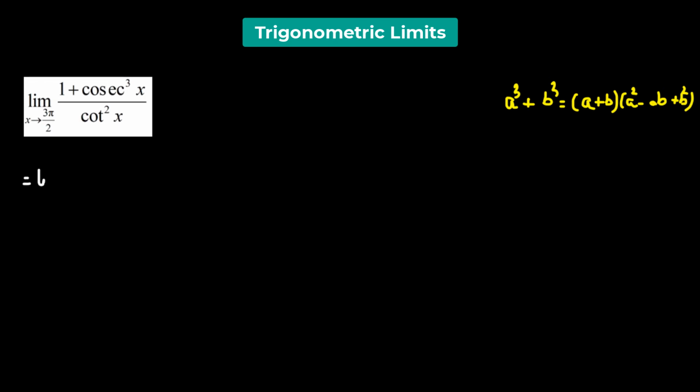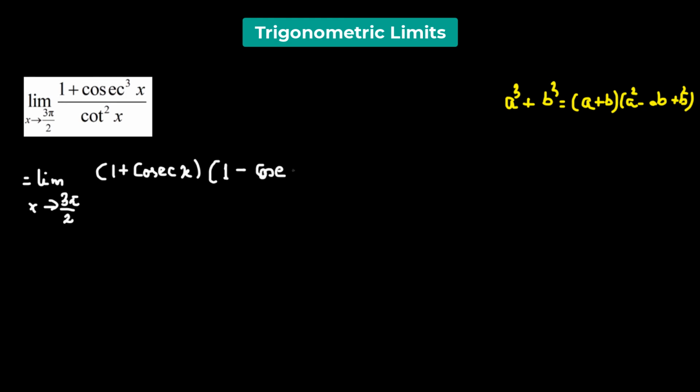So we have limit x approaching 3 pi over 2. So we have 1 plus cosec cube x, so that will become 1 plus cosec of x times 1 squared, which will be now 1, minus a and b. So a is 1, so 1 multiplied by cosec x.